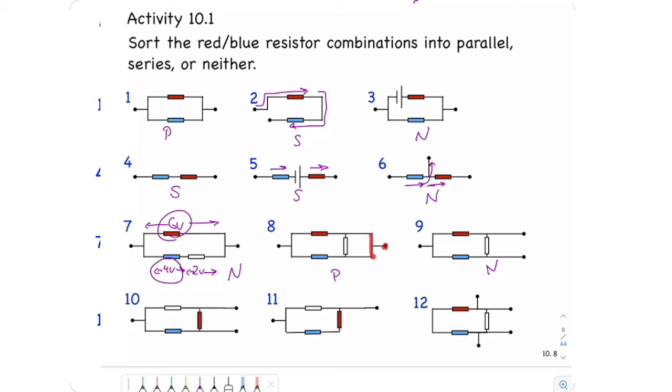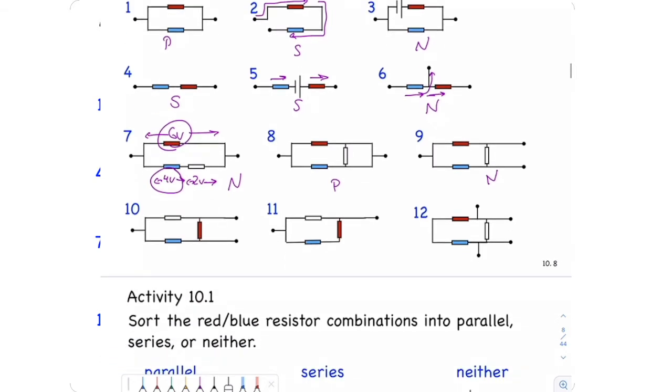Over here, they did because they were connected by a wire. But we don't have that wire present in number 9. Okay, number 10. That's neither. 11. These are in series. Whatever current flows through one has to go up through the other. And then 12.